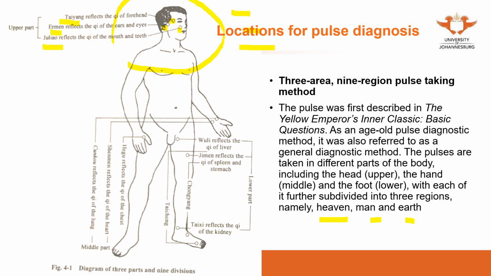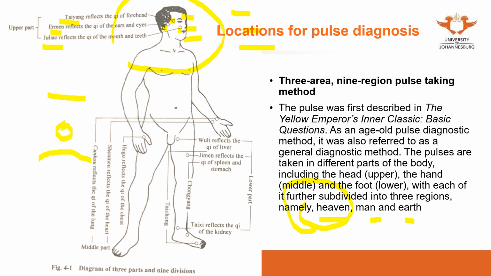For each area, according to the location, the upper one is called heaven, the middle one man, the lower one earth. That's because heaven in Mandarin is similar to the sky, the human being is in the middle, standing on the ground, the earth. So that's why they identify these into three sections.